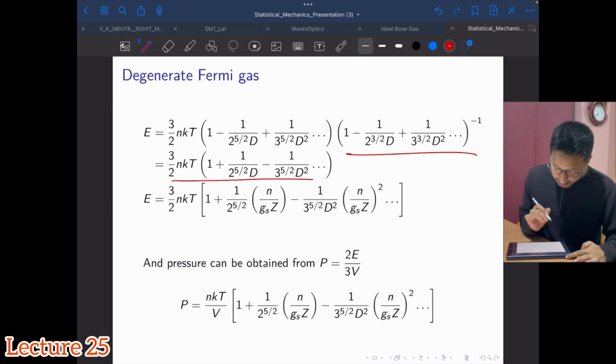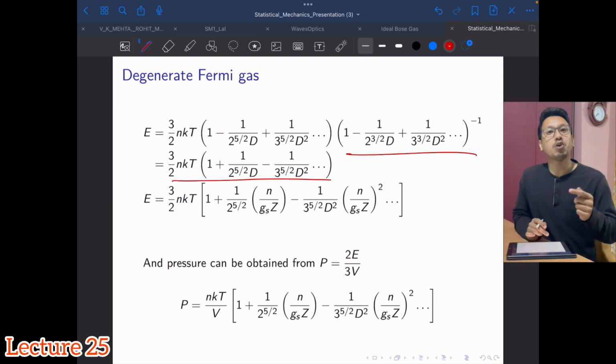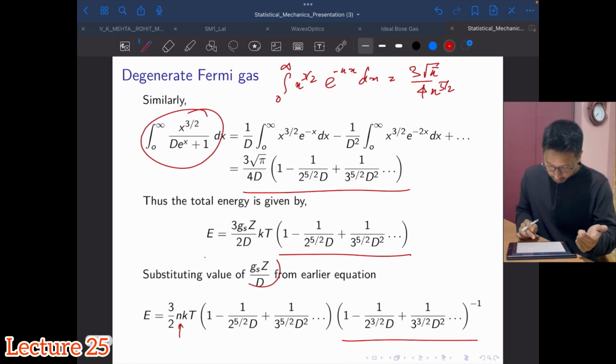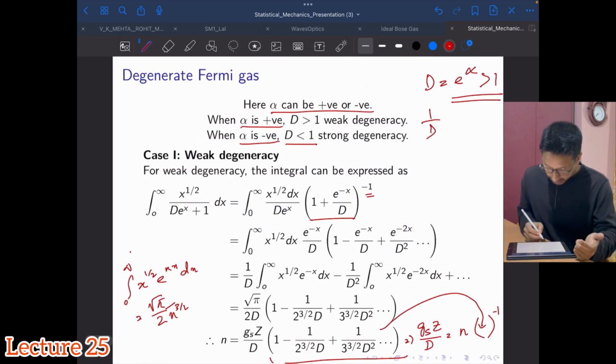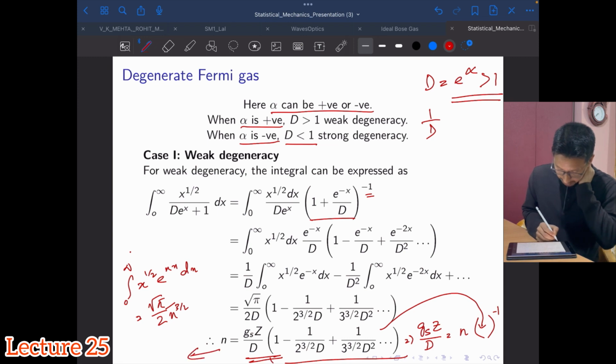So I will get this, and then substituting for 1 by D, keeping only up to the first term, 1 by D will be equal to N by GSZ.